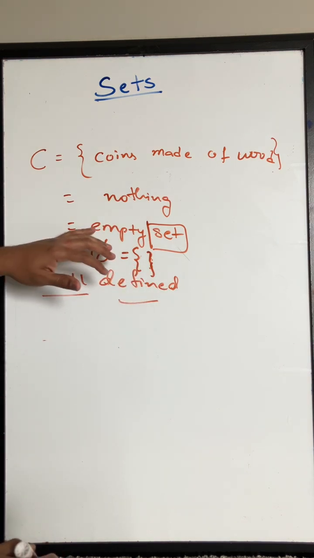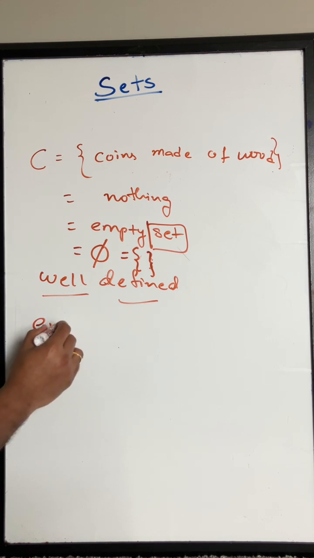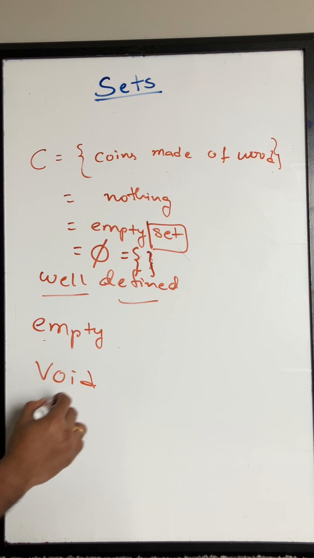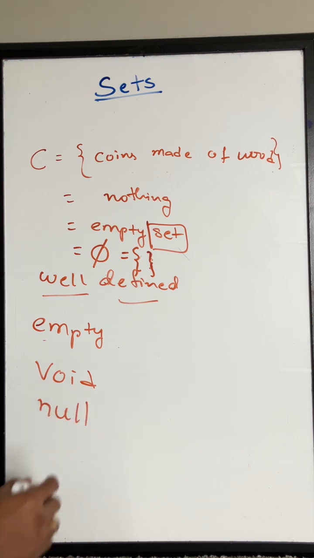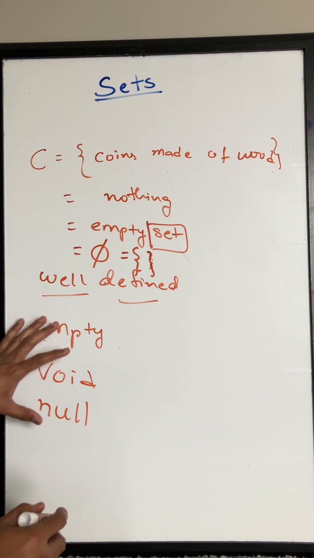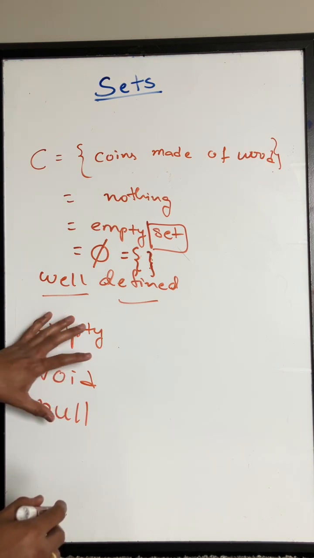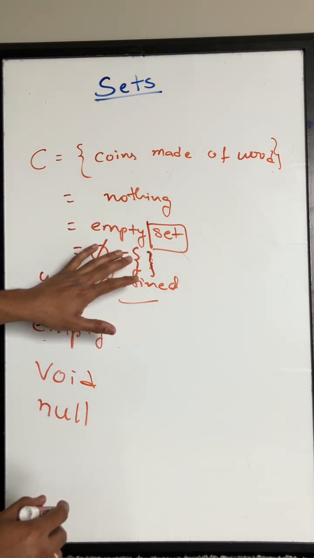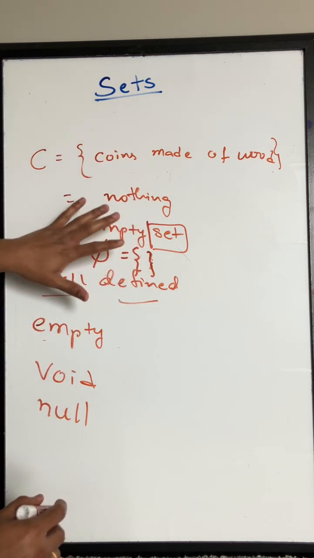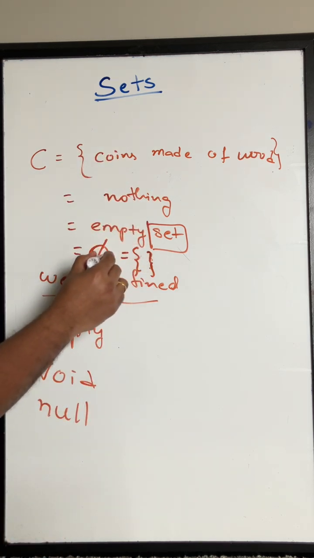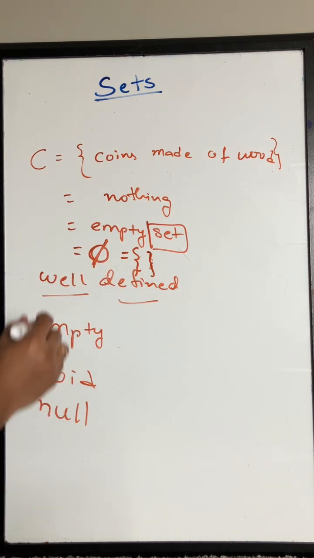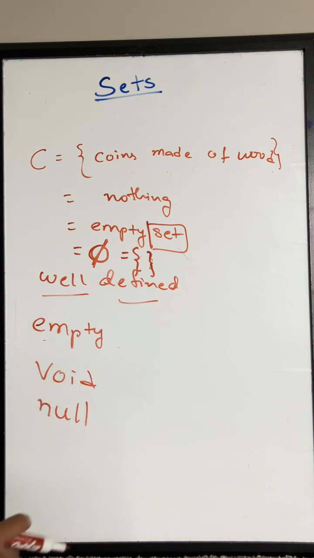In English, empty, void, null all mean nothing, so these are synonyms. This can be called an empty set, void set, or null set, all different names for this one, and we denote it with pi. So we learned the empty set.